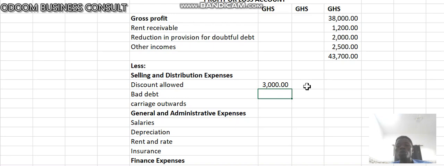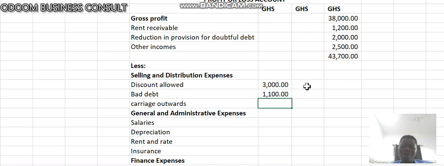Others too, it will be that the company or the entity has gone into bankruptcy, or the owner is dead, or the business has collapsed. Then the debt will become bad. And so once it becomes bad, it's part of your selling and distribution expenses, and it must be added to the cost of the entity to determine the profit. So let's assume there was a bad debt of 1,100 within the year. You present that one too.